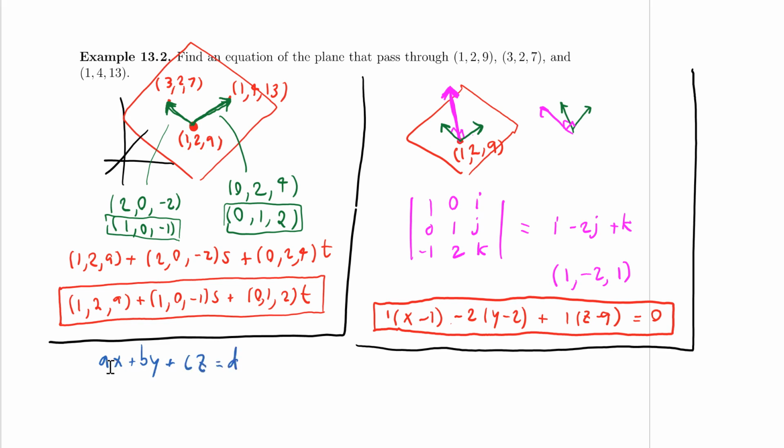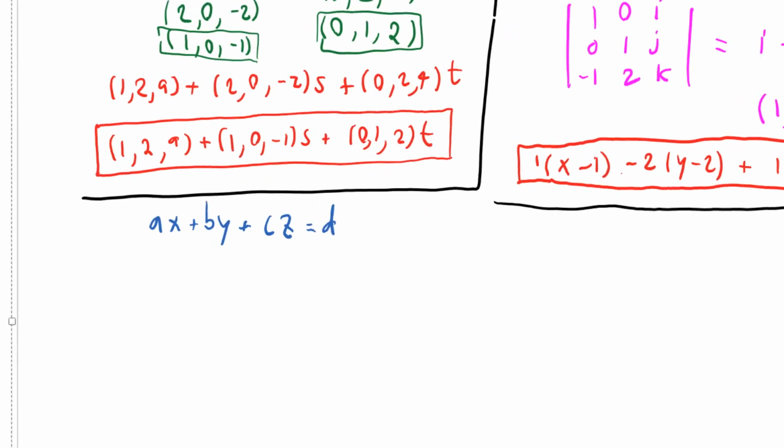So I can use this fact to find the values of a, b, c, and d by writing a system of linear equations. I plug in 1, 2, and 9 into x, y, and z, and the same with the other 2 points, and that's going to give me 3 equations with 4 unknowns, a, b, c, and d.